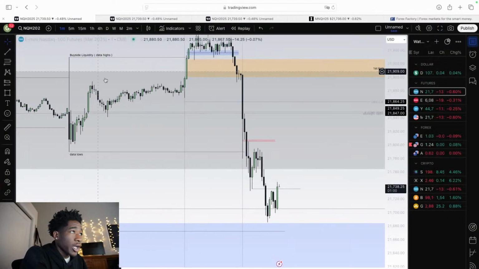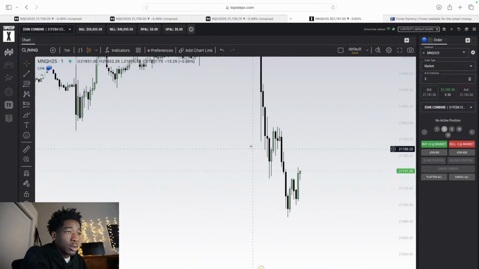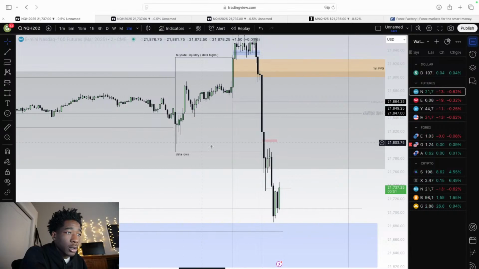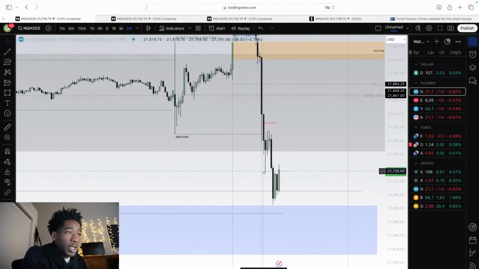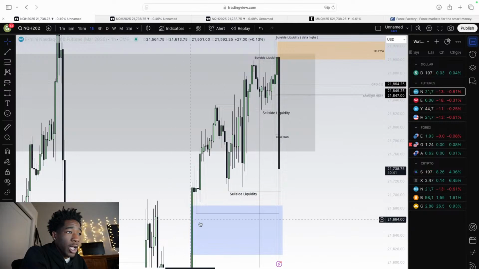Let's see how price reacts. Go to the 2-minute. Yeah. Let's see how price reacts to this one. We already swept the lows. We don't gotta tap back into that.